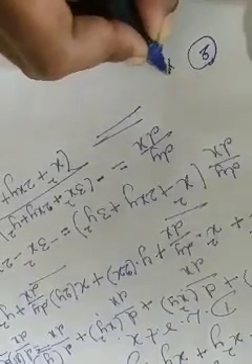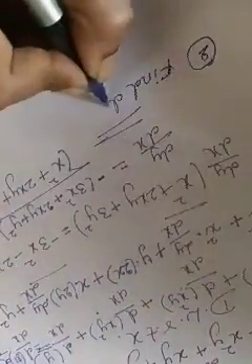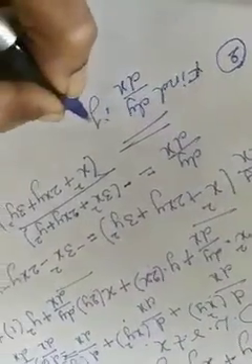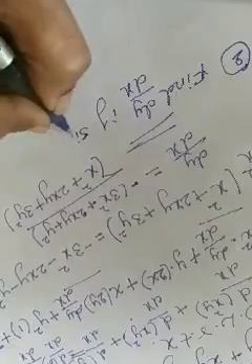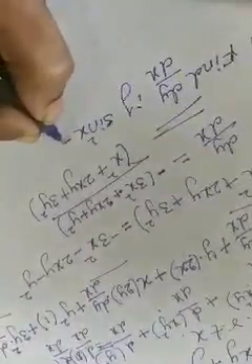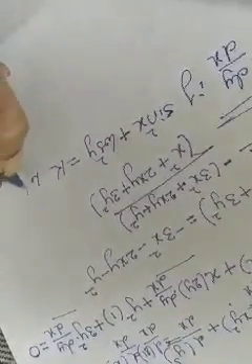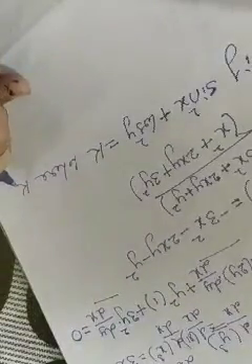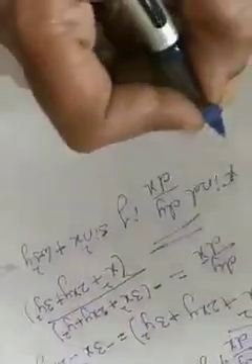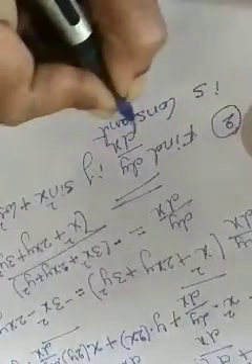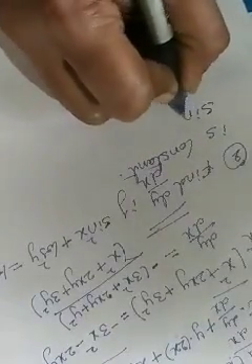Find dy by dx if sin square x plus cos square y is equal to k, where k is constant. Write down the question.